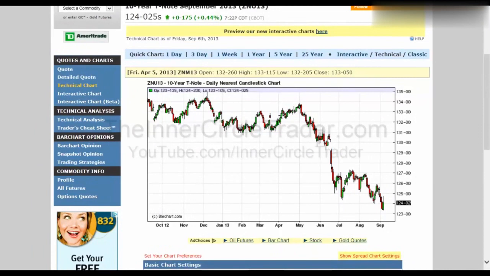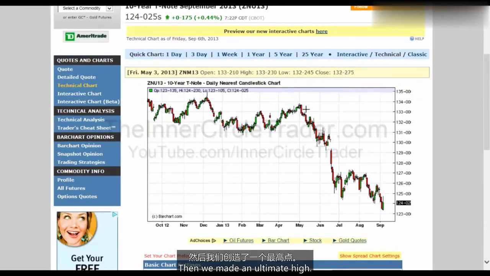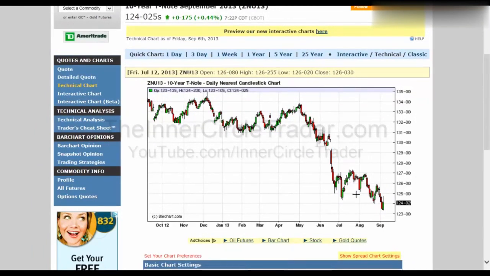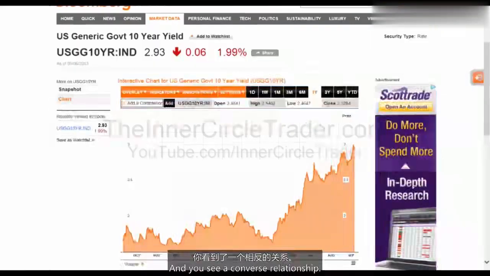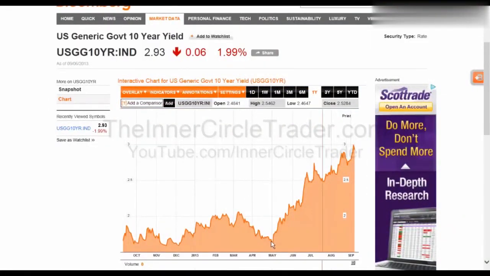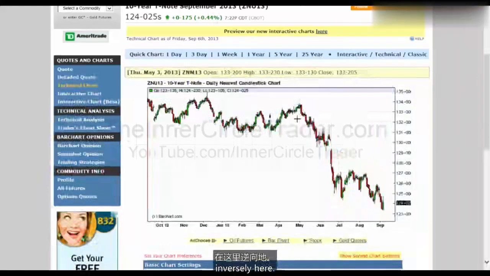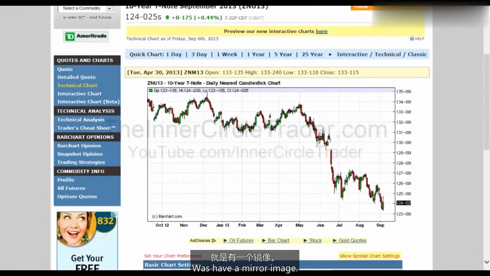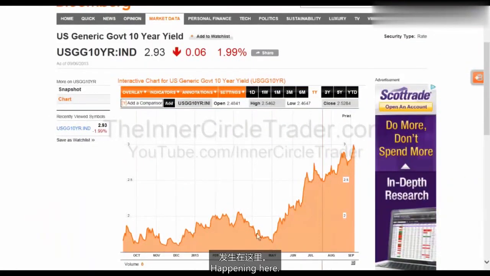You see that? Okay. Then we made an ultimate high in the T-note market and then traded lower. Let's go and you see a converse relationship here in the yield. Okay. Here's that low and then a lower low in the yield. Again, thinking inversely here. Okay, all we did was have a mirror image of that happening here.